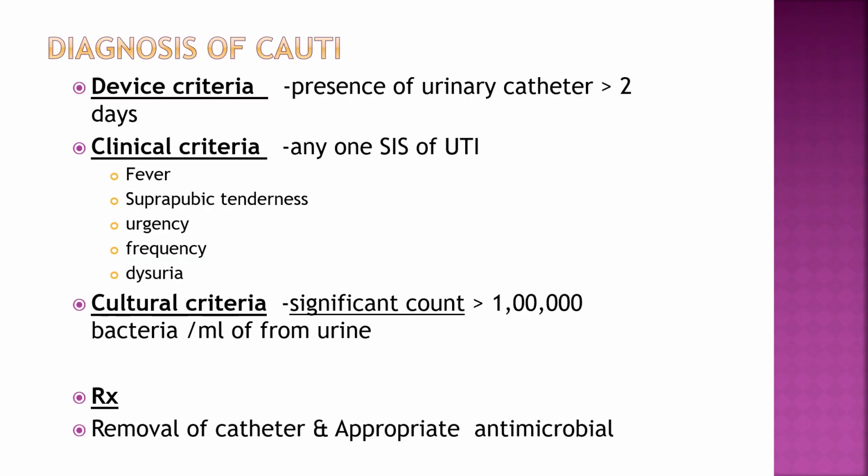Then frequency, that is increased number of urinations. And then dysuria, that is pain at the site of urination. Then culture criteria: a significant count is more than 10 raised to 5 per ml of urine, which is called significant bacteriuria. Treatment is removal of the catheter and appropriate antibiotics should be given.